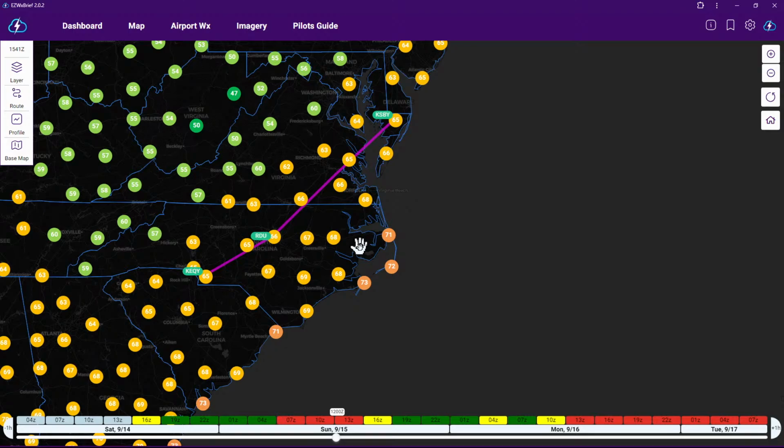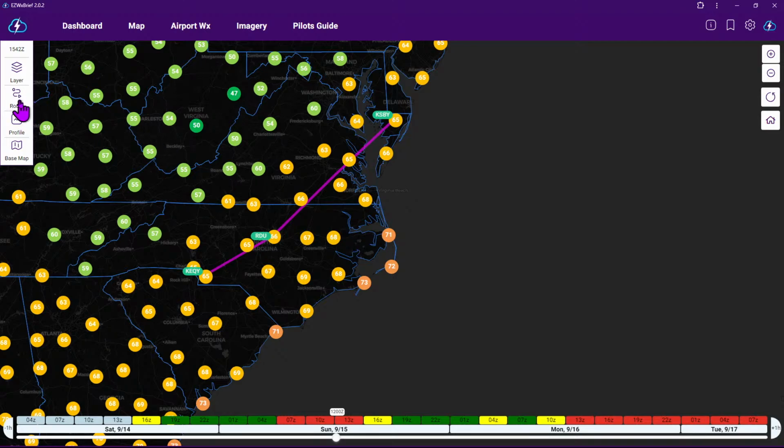So will this be a very convective flight for tomorrow, or will we not see that kind of thing? Well, we have to look at the big picture in just a bit, but this sort of sets the stage. Is there enough fuel for any type of significant convection along this route? And certainly there is, at least looking at the surface. That doesn't mean that you'll see convection along this route. It just sort of sets the stage for what we want to look for.